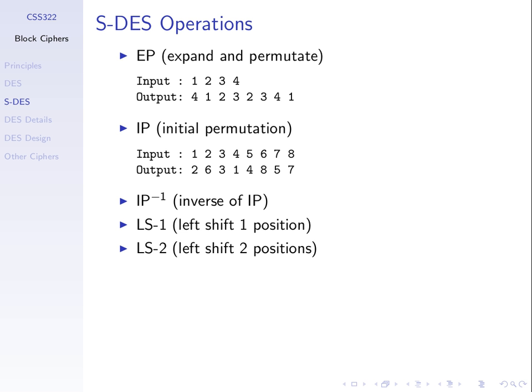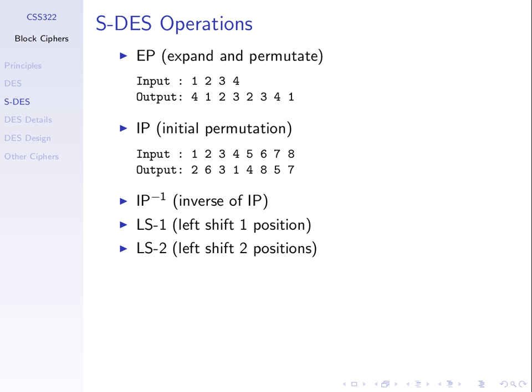Map from the output to the input? Okay. I don't know if that makes sense. The inverse is the operation such that after applying the inverse, the output will be the same as the input. We take some input into IP and we get some output.